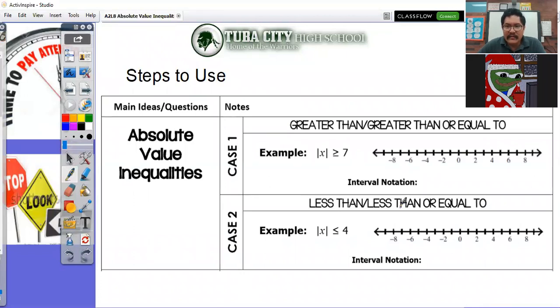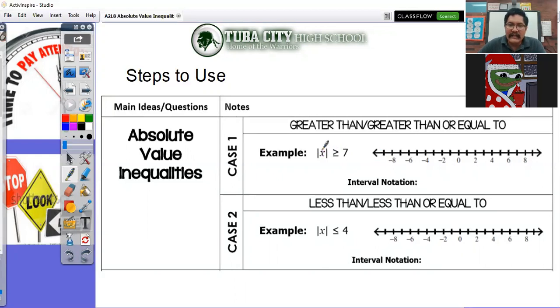All right, so there are two cases. The first case is going to be greater than or equal to. If you remember the last time we were working with inequalities, there were two options that you can put in here to make it work. If we're looking at it being equal, you can put in 7, and the absolute value of 7 is equal to 7.